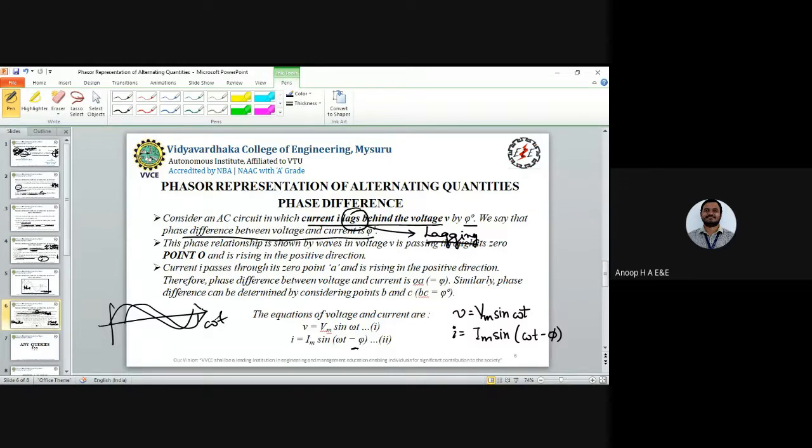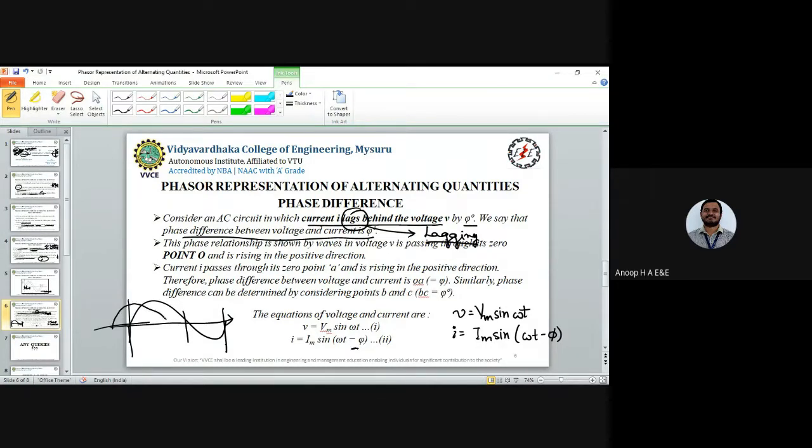Now in the same way, we are going to have the term called phase lead. We call it phase lead once it is advancing just before the original wave.